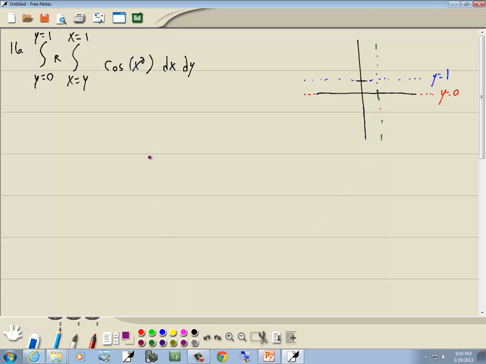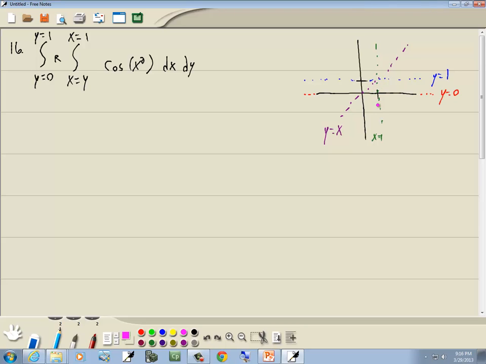And the other one is x equals y, or y is equal to x, which looks like that right there. So y is equal to x. And this one was x equals 1.